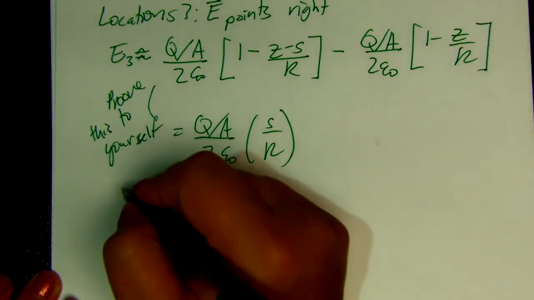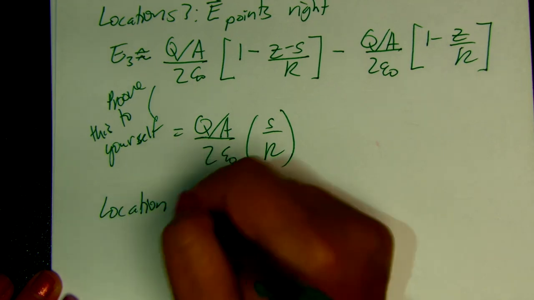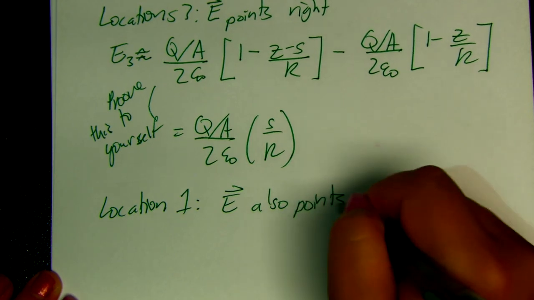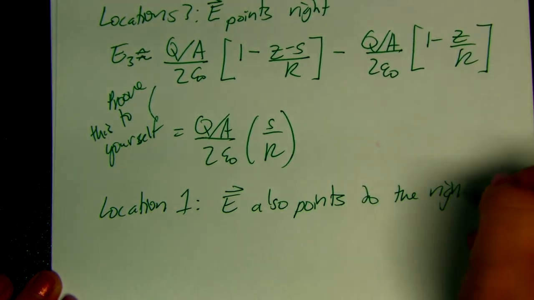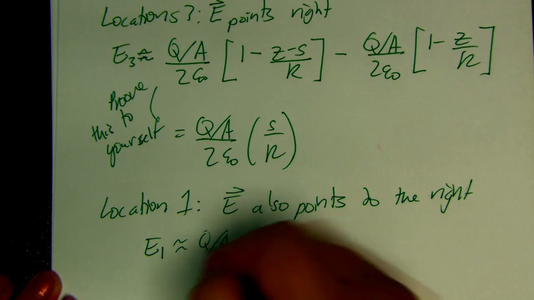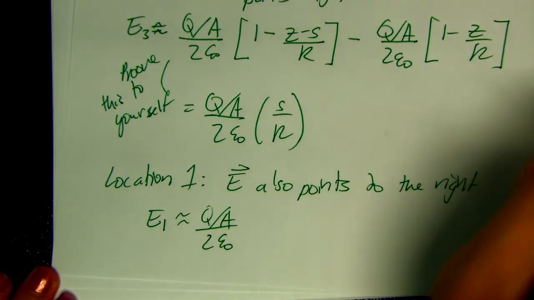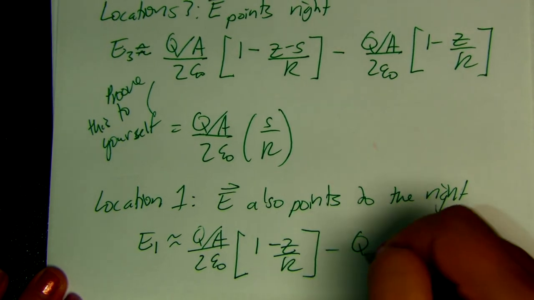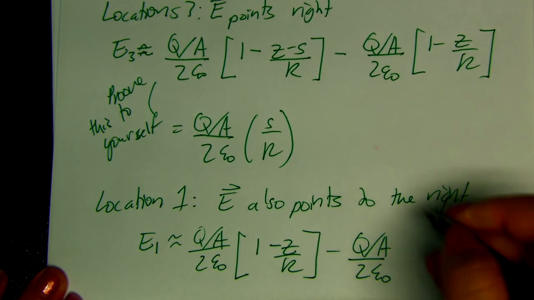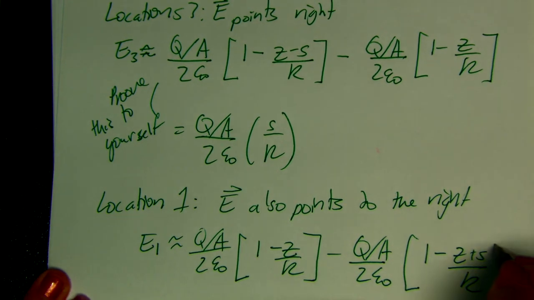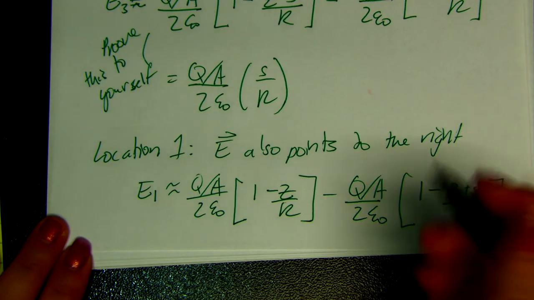And now let's look at location 1. E also points to the right. So E1 is approximately Q over A over 2 epsilon naught, 1 minus Z over R, minus Q over A over 2 epsilon naught times 1 minus Z plus S over R. And this is, let's write it on the next page, but let me give you a giant hint.